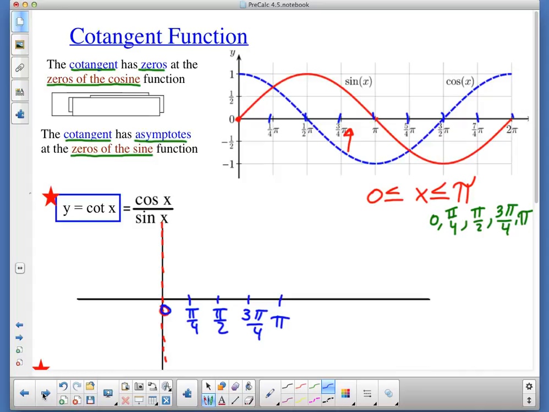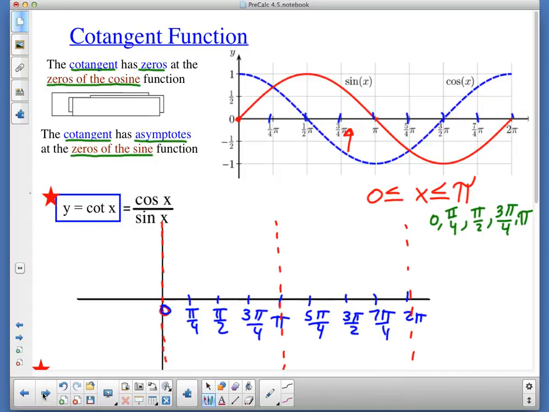As I'm going through here, I've got 5 pi over 4, 6 pi over 4, which is 3 pi over 2, 7 pi over 4, and 2 pi. Now as we're going through here, I've got asymptotes sitting at 0, pi, and 2 pi, because those spots are where sine is 0.